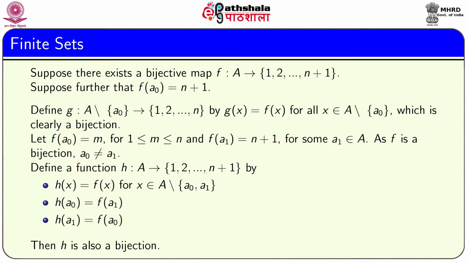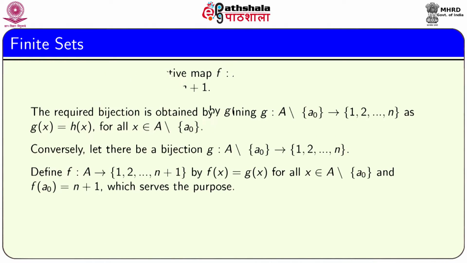Then H is definitely a bijection; it is simply changing the role of A0 and A1. So, the required bijection G from A minus A0 to 1 to n is defined by G(x) equal to H(x) for every x belonging to A minus A0.